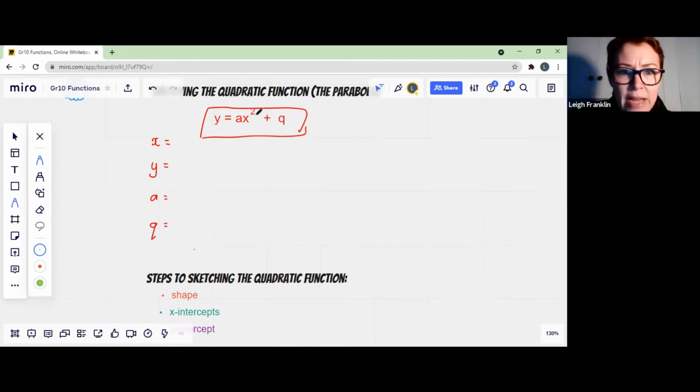Everybody should be familiar with this by now, and we should know exactly what the different letters in this particular formula represent. And I always like to start with discussing what x and y are there for. Does anybody know what x actually represents in this formula? You're welcome to unmute your mic, or you can put it in the chat. Does anybody know what x represents?